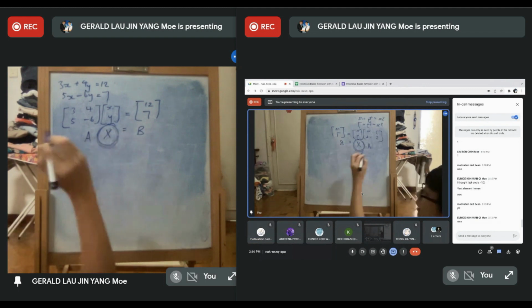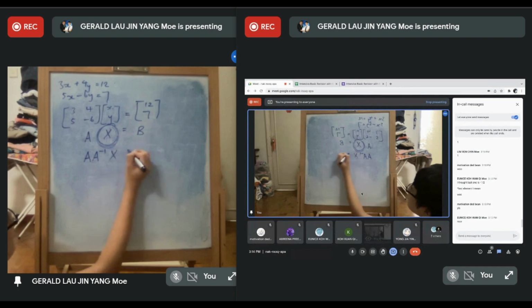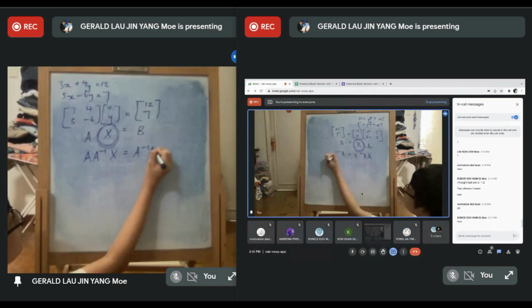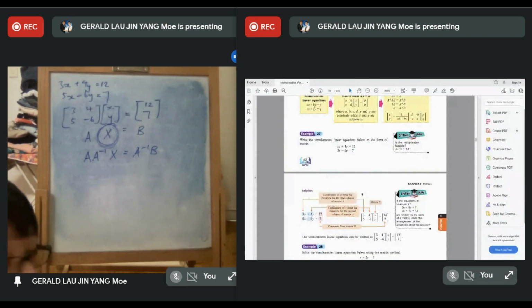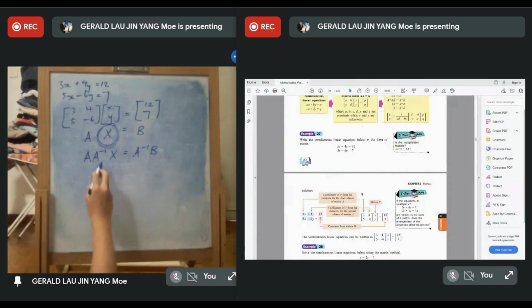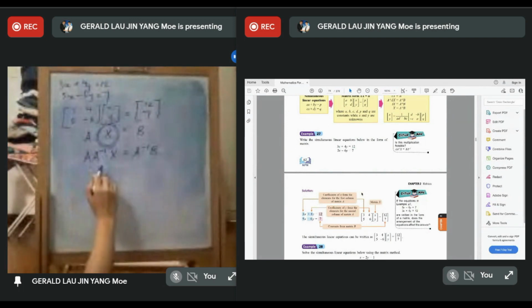What we do, introduce an inverse matrix over here. A inverse times X. Introduce inverse matrix. And then what you get? A times A inverse. When a normal matrix times inverse matrix, you'll get identity matrix, right?